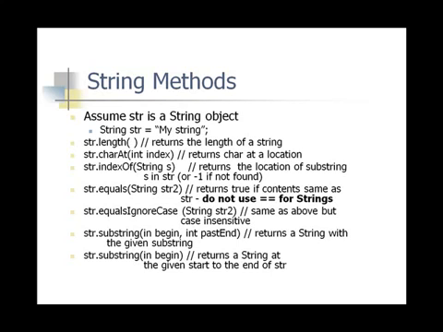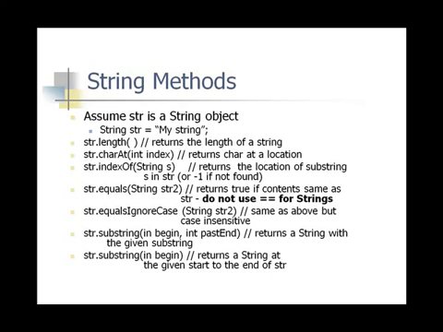Oftentimes you want to find a piece of a string, or a substring. The string object name dot substring can do that for you. It takes either one or two parameters. In the first, more general case, it takes the beginning position, and then the second one is sort of unusual: the number refers to one past the end.